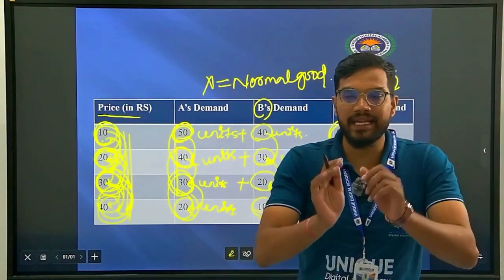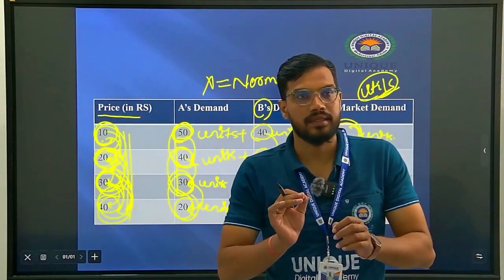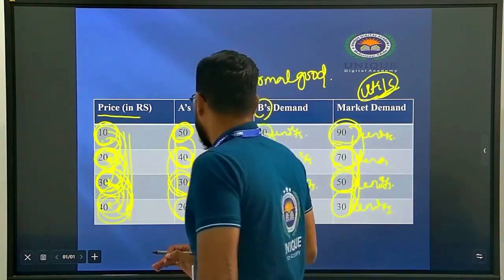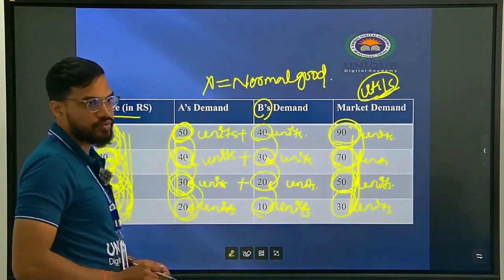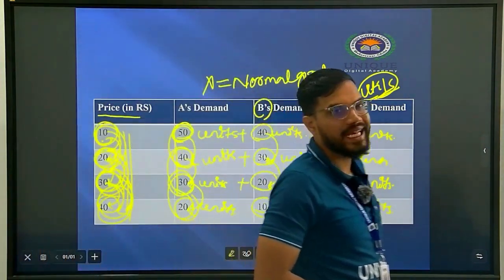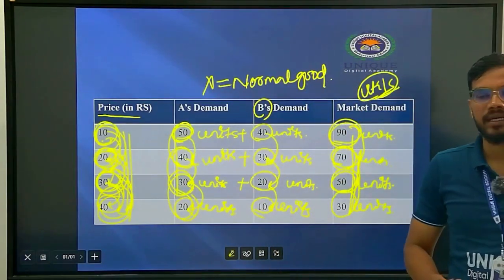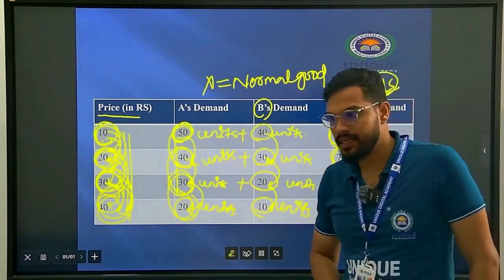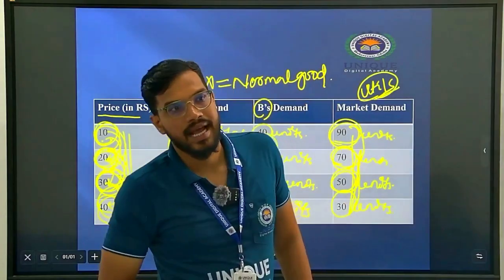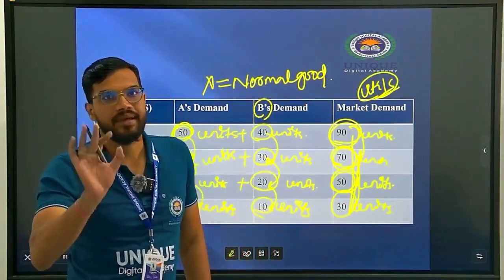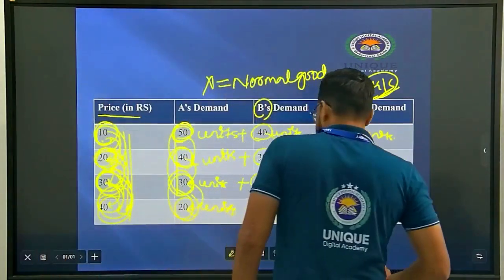So, market demand is the sum of individuals' demand in the market at a given price and at a given time.